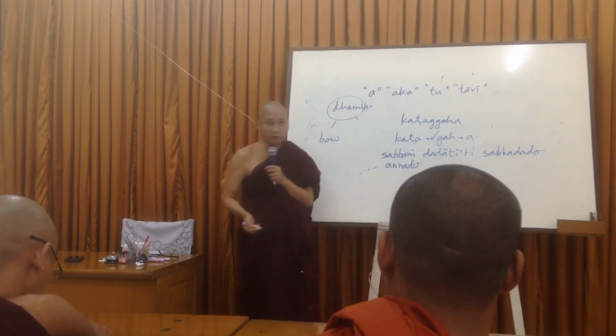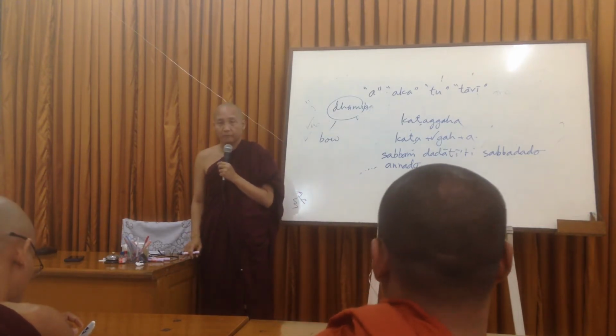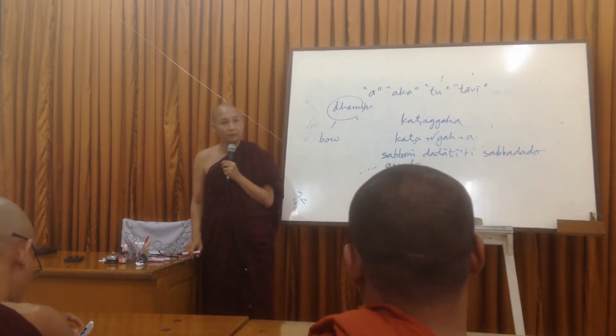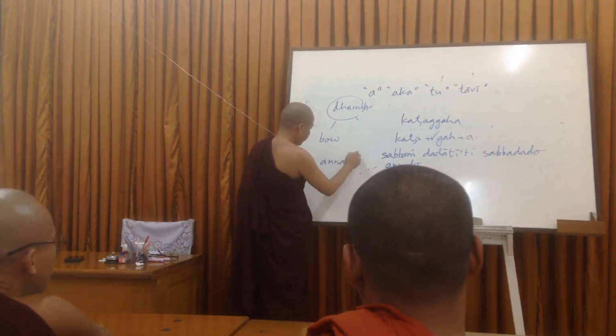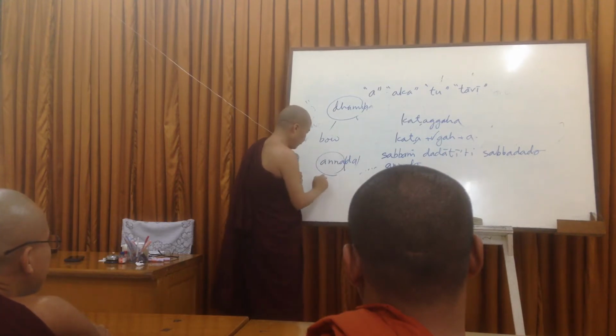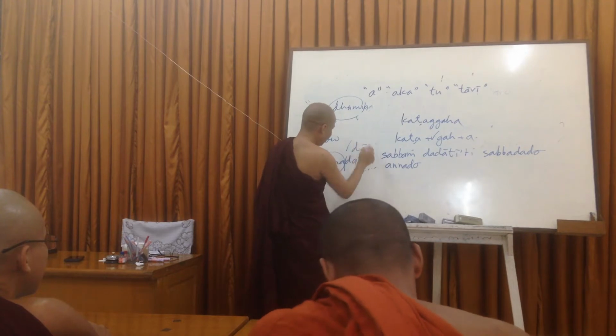So now you can see also annado. Annado you can also understand. What is da? As you divide like this, anna is rice. So da is derived from the root da.